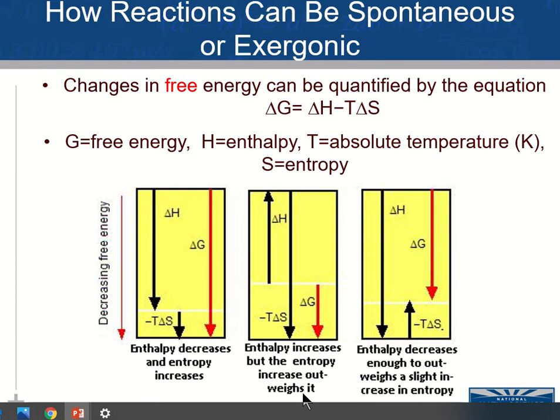At higher temperatures, these are more likely to happen. Enthalpy decreases enough to outweigh a slight increase in entropy. And these are all situations that can occur. And there will be a worksheet that I'll put up later that will allow you to relate these things and see how the difference between entropy and enthalpy can affect free energy and spontaneity.